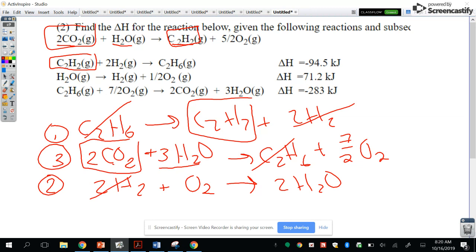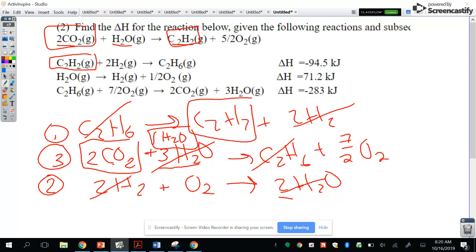And then I also can turn my 3H2O minus 2H2O gives me a net of 1 H2O, which is what I want. So I'm going to cross those out and I'm going to write 1 net H2O, which I need for my reaction. And I'm going to do the same thing with the oxygens.